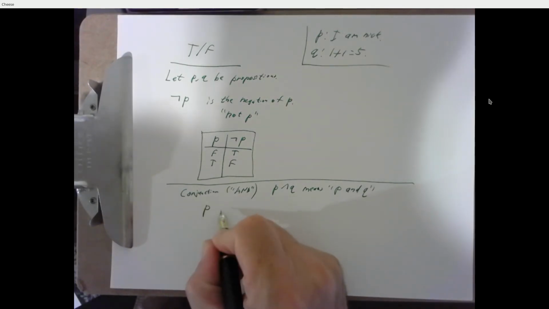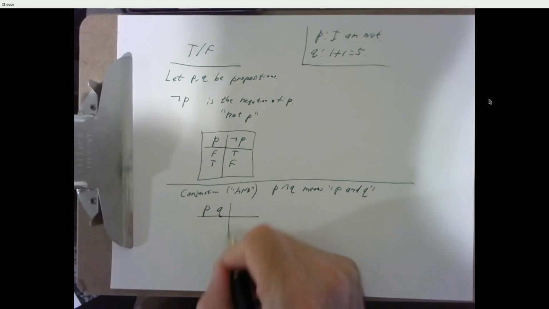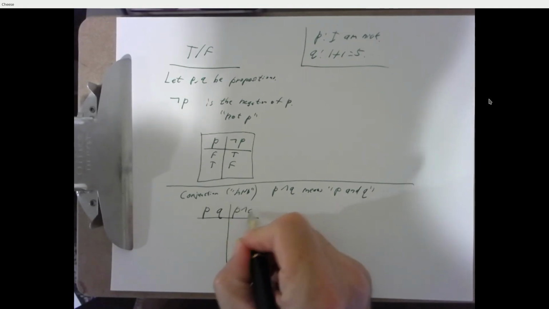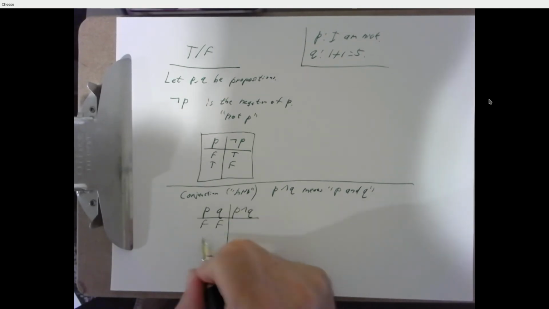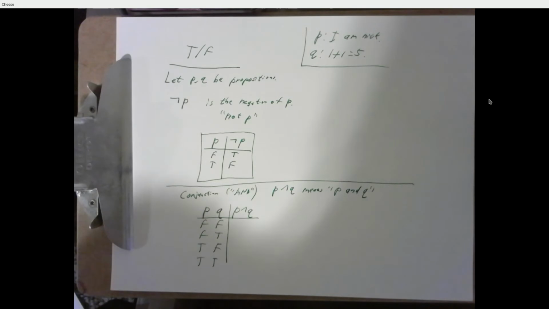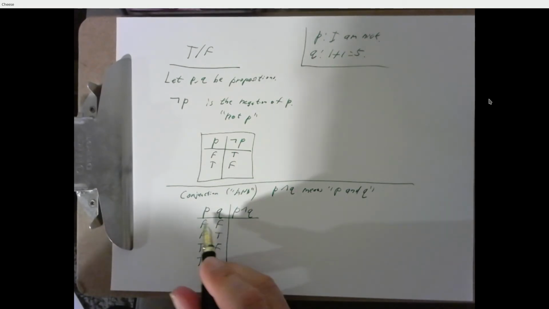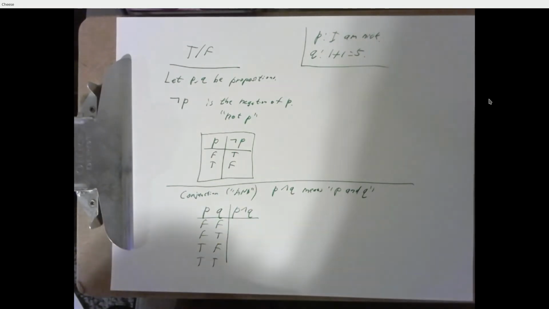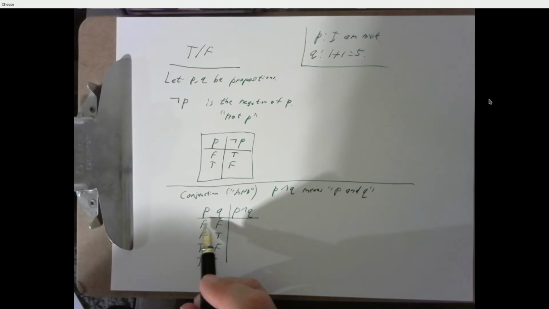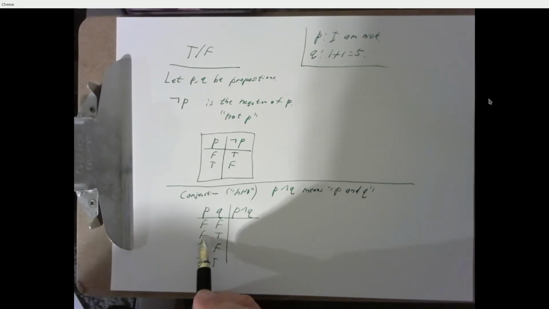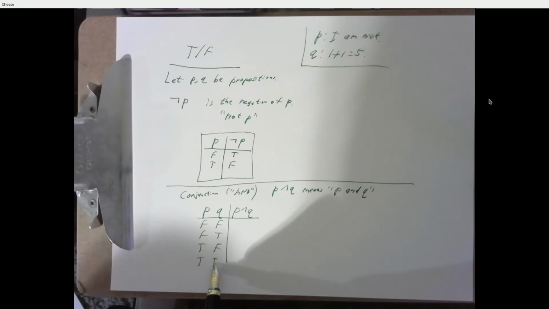And we can describe what that looks like more formally with another truth table. And in this case, since P and Q each have truth values of either true or false, there's 4 possibilities for the composite of P and Q's truth values. P and Q could both be false, P could be false, Q could be true, P could be true, Q false, or P and Q could both be true.